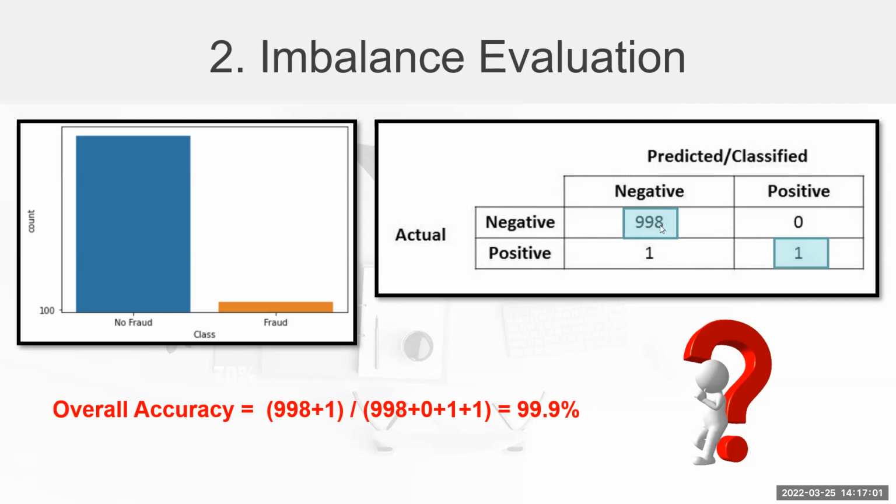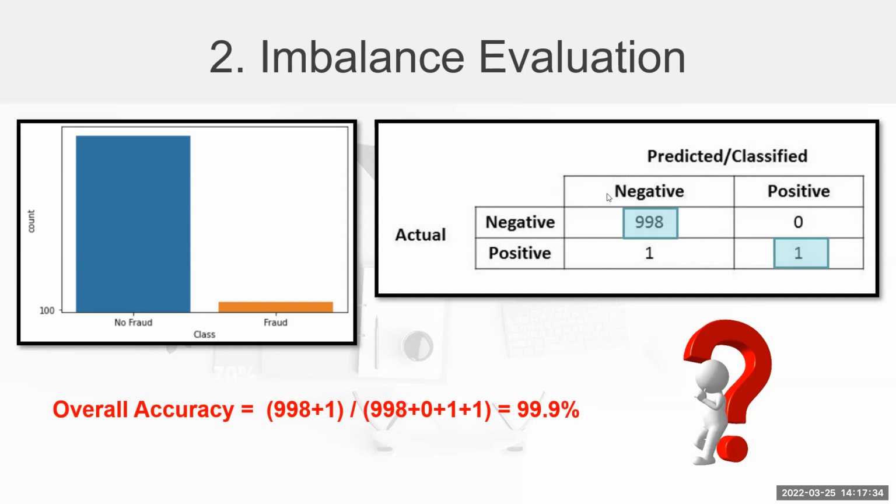99.8%. Actually, the accuracy of the positive fraud class is zero. In this case, we only have two positive data, the other 998 data are no fraud.